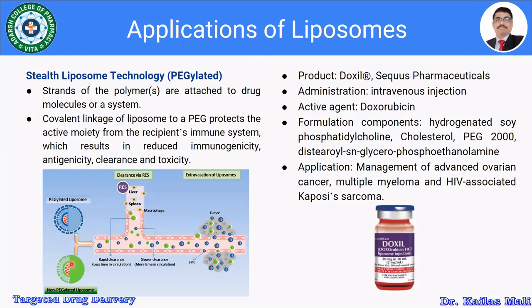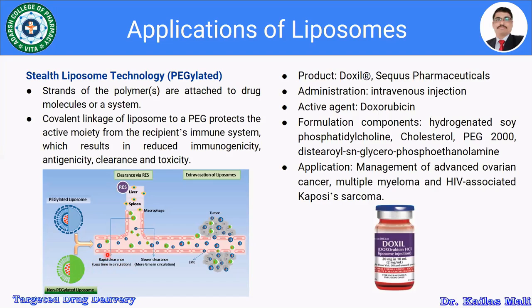Here, this is the non-PEGylated liposome, and this is the PEGylated liposome. The PEGylated liposome has a long circulation time and slower clearance.